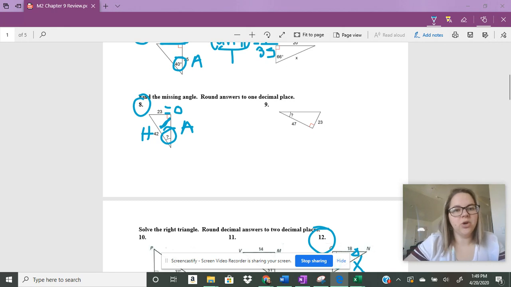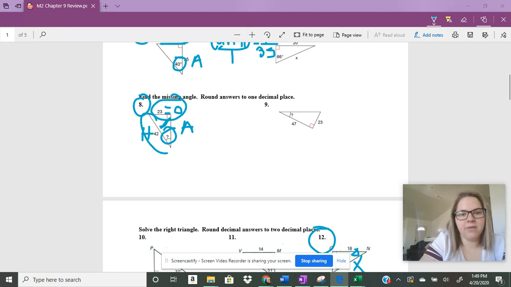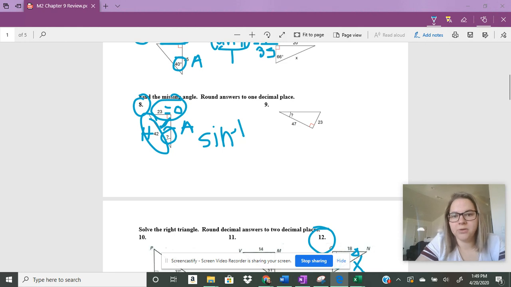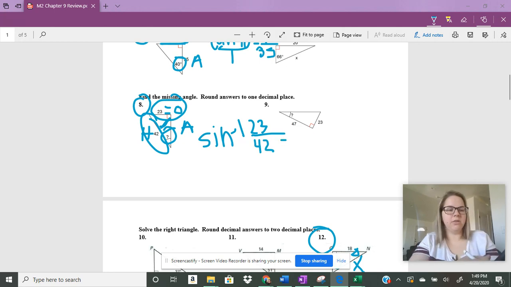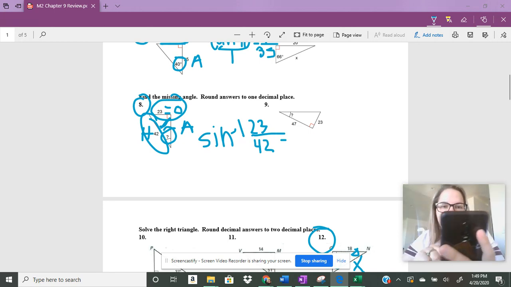On this one, we have the opposite side and the hypotenuse, so I want to use sine. Sine inverse is always opposite over hypotenuse, so 23 over 42. To put that in your calculator, I got sine inverse of 23 divided by 42.